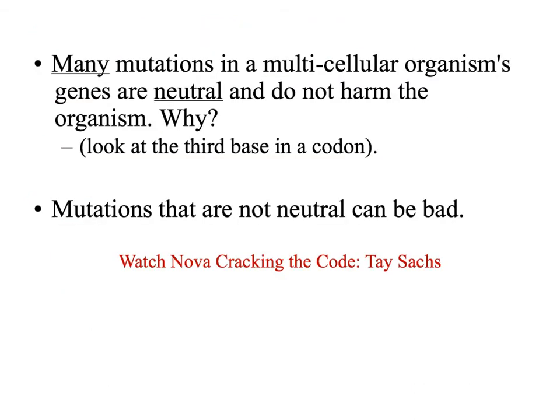So why then can many mutations in a multicellular organism's genes be neutral, meaning that they don't do any harm to that organism? If you look at your genetic code, at that nice little chart that we provided, some of you noticed even when we went through translation that if you look at that third base in a codon, there are many sequences that code for the same amino acid.